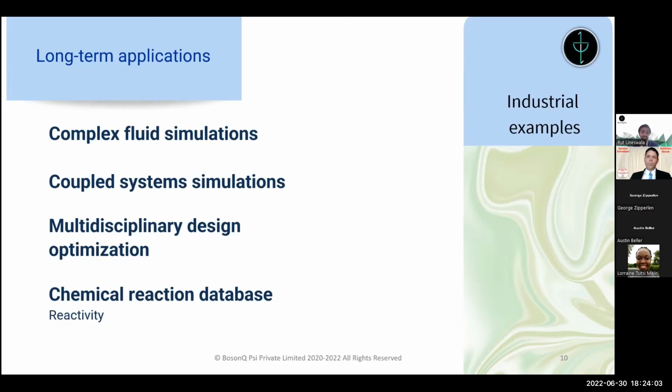The second is coupled system simulations, where now we're not even talking about a very complex single-physics system or simulation, but suppose we're doing a crash analysis. Once your car crashes into a wall, how will your fuel tank react to that?